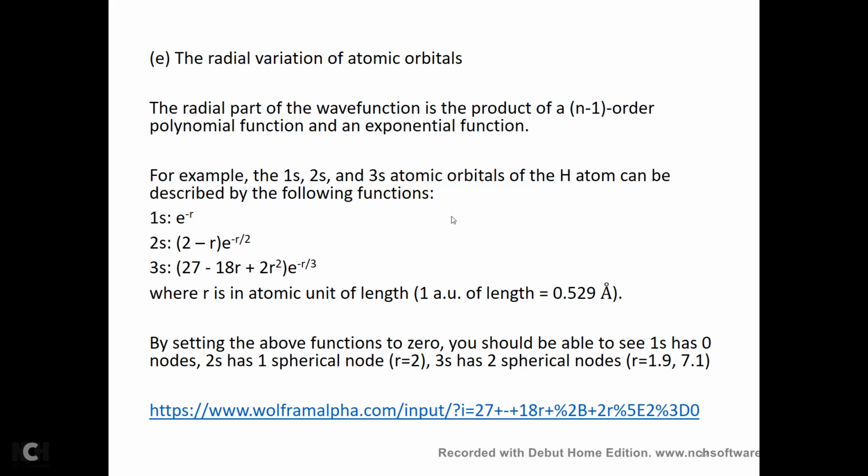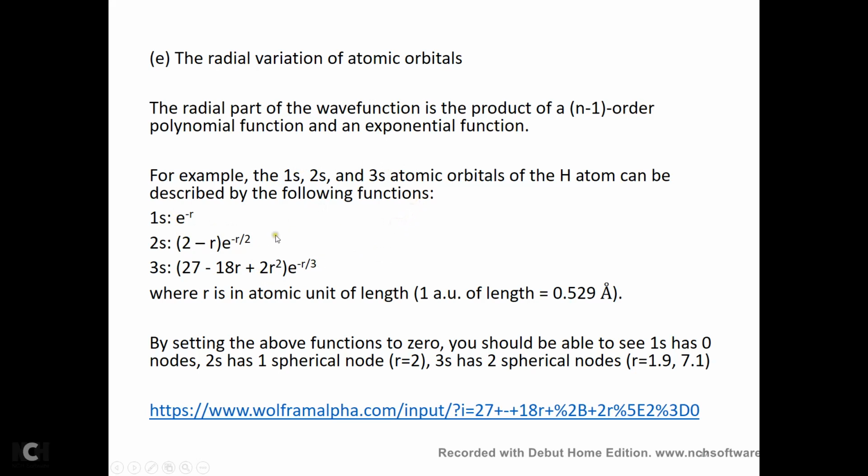For example, if we look at the 1s, 2s, and 3s orbitals, the polynomial function has an order of n-1. So in this case, you have polynomial functions of order 0, 1, and 2, and then multiplied by an exponential function.